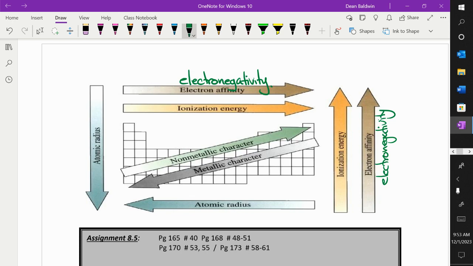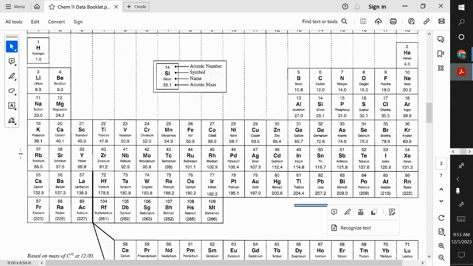Okay? Because I could ask you, which is more electronegative, bromine or fluorine? Fluorine's too easy. Let's say oxygen or selenium. It's going to be oxygen because it's above, right?